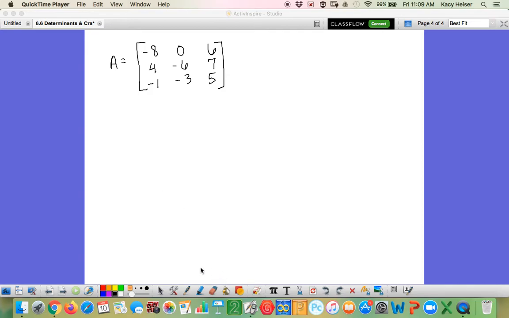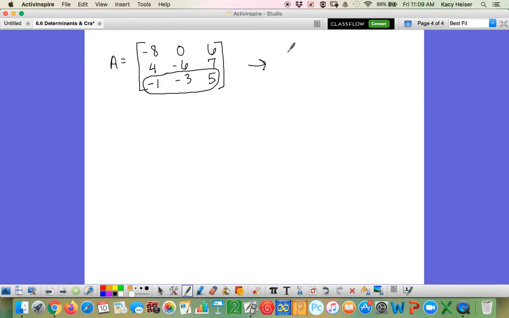Okay, so here's a 3 by 3 matrix, and we're going to find the determinant of a 3 by 3 matrix by expanding the third row. But before we do that, I want you to think of this matrix here for your signs.